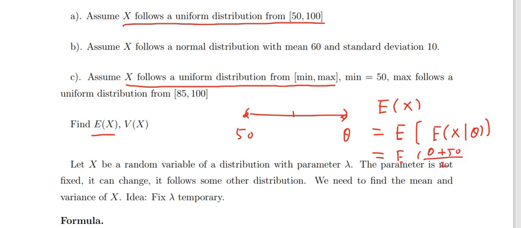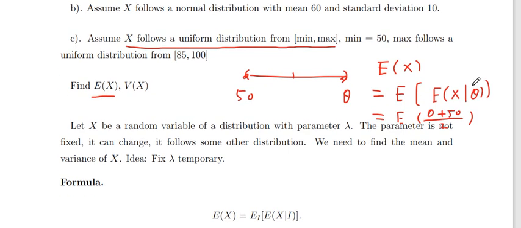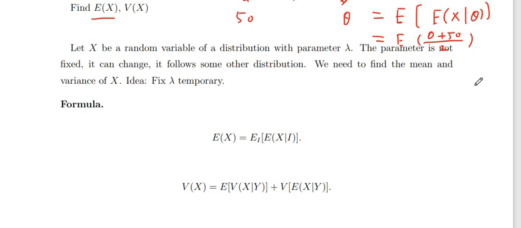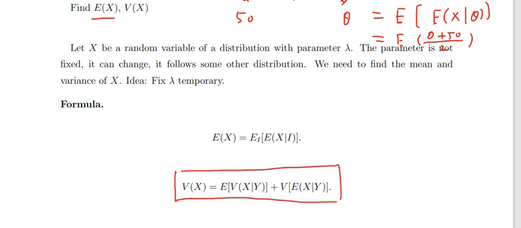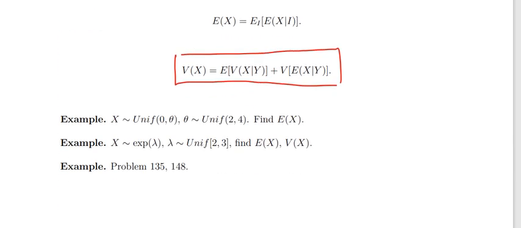So then this is the expectation. For variance, we have this formula: V(X) equals E[V] plus V[E]. Just remember EV plus VE, okay? So we can have those kinds of problems.